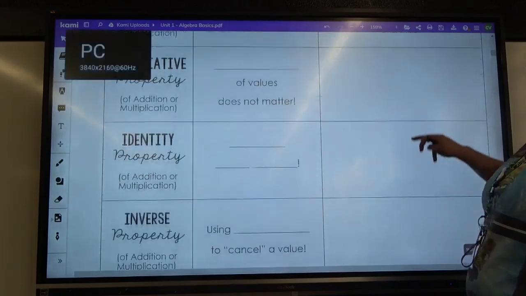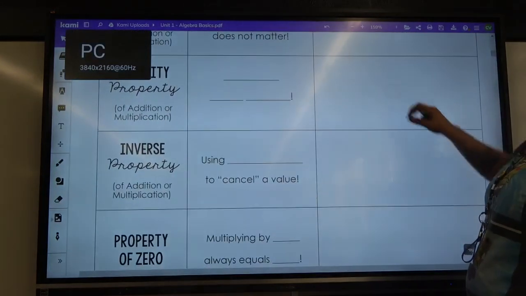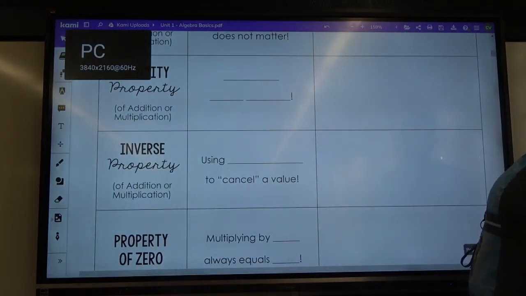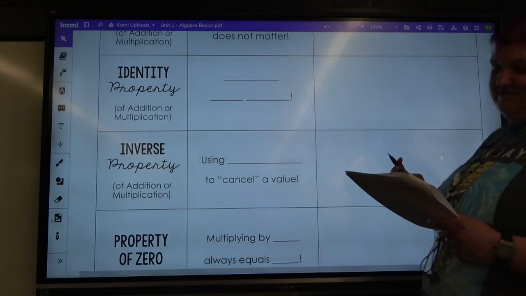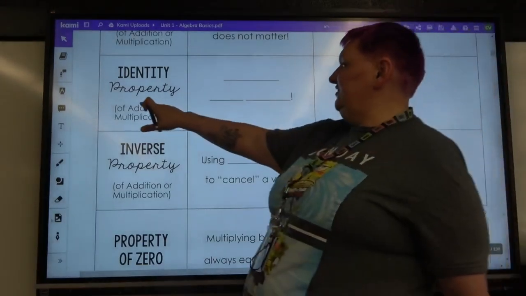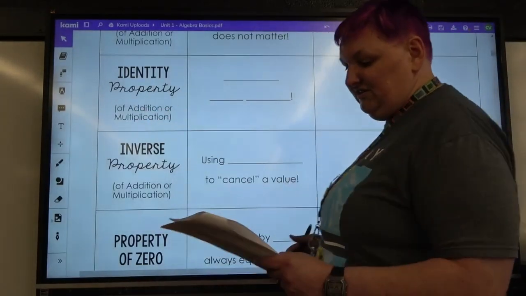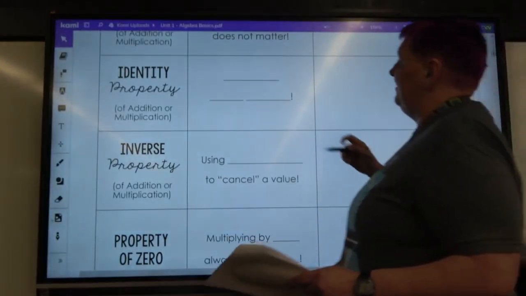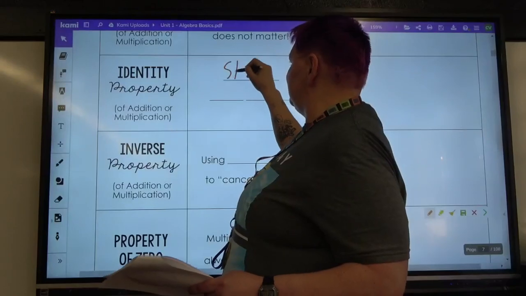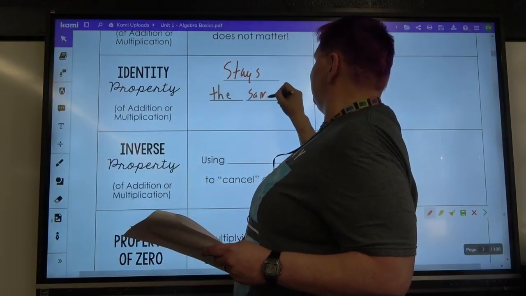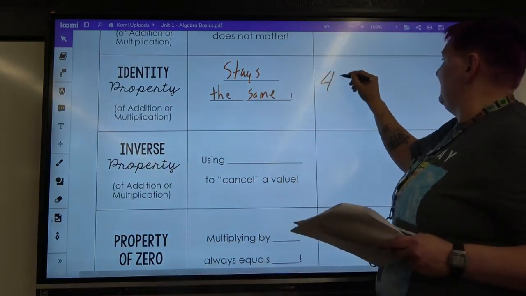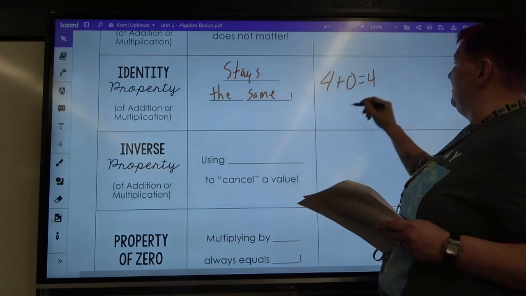All right, and then identity property. Identity property says when you're dealing with addition or subtraction that it stays the same. So when you're dealing with addition, 4 plus 0 is still 4.